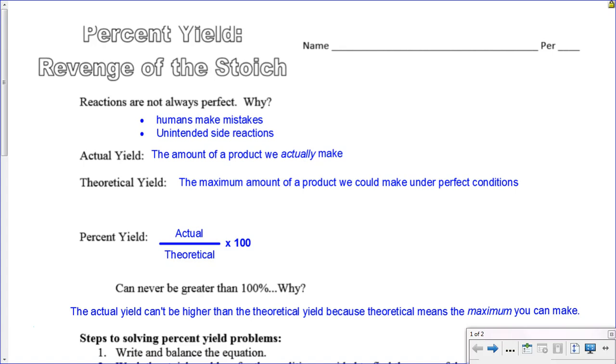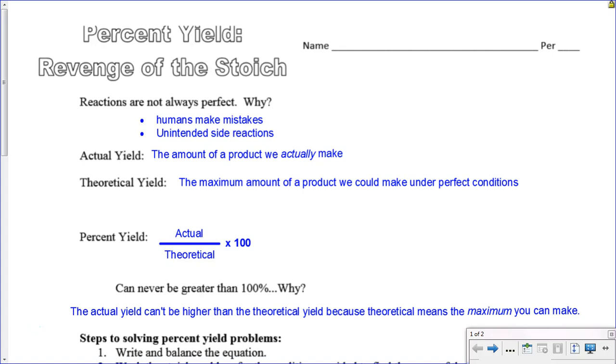Additionally, a lot of times when you're doing a chemical reaction, there are unintended side reactions that occur. I use the example of combustion to illustrate this point. Generally speaking, we say in a combustion reaction that you make carbon dioxide and water.